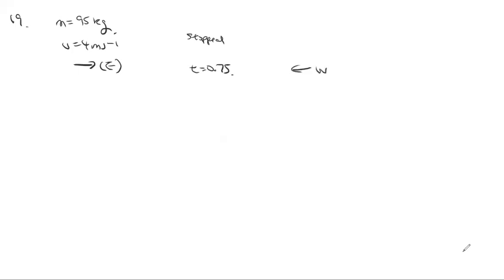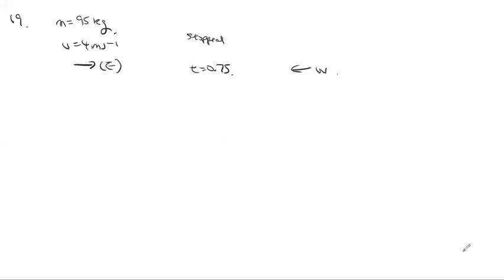Question 19 states a 95 kilogram fullback is running at 4 meters per second to the east, let's call that to the right, and is stopped in 0.75 seconds by a head-on tackle by a tackler running due west. So someone was running west and they stopped.